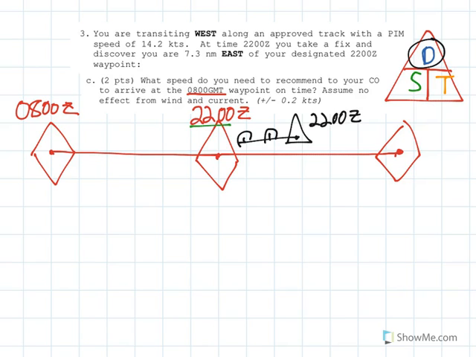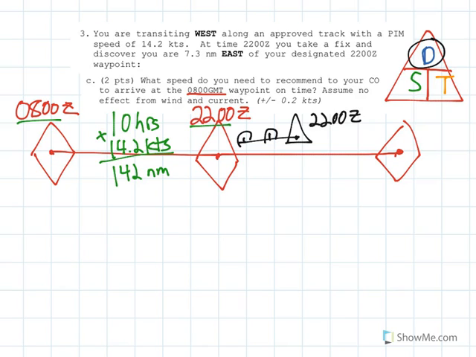So that means that from 2200 to 0800, we plan to go 14.2 knots the entire time. There's a difference of 10 hours between these two waypoints. And if we go 14.2 knots the entire time, then the distance will be 142 nautical miles. So for 10 hours straight, we planned on going 14.2 knots.